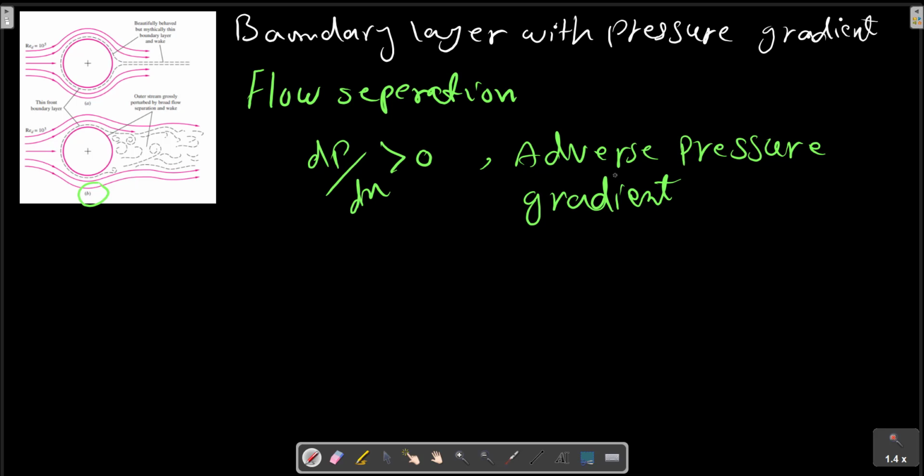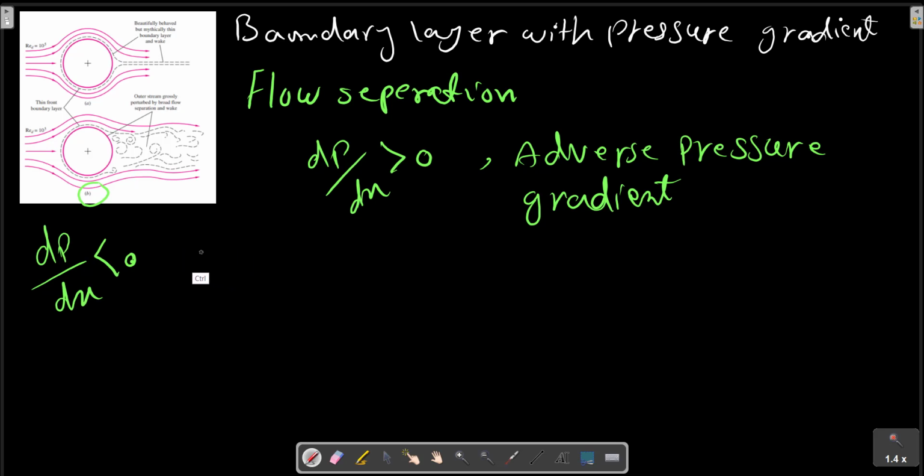The opposite case of decreasing pressure, dp/dx, is called a favorable gradient.